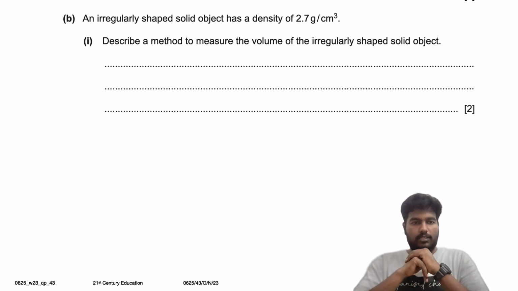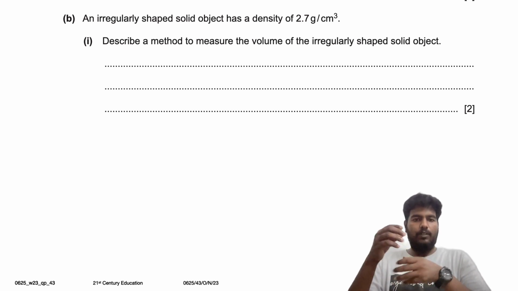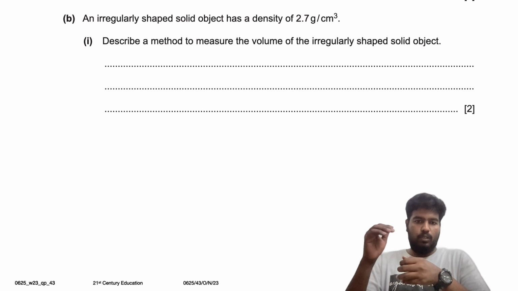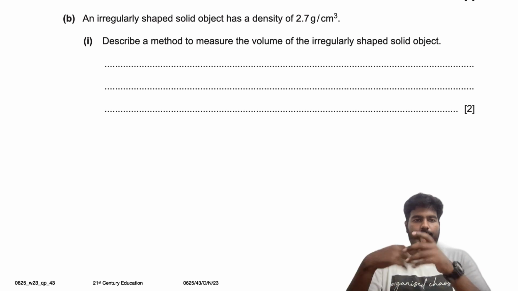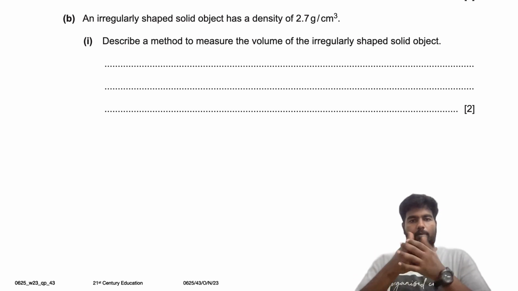An irregularly shaped solid object has a density of 2.7 gram per centimeter cube. Describe a method to measure the volume of the irregularly shaped solid object. So how will we measure the volume? We'll take a measuring cylinder and fill it with water. We'll note how much volume the water occupies, water or any liquid for that matter, and then we'll put the irregularly shaped object in.